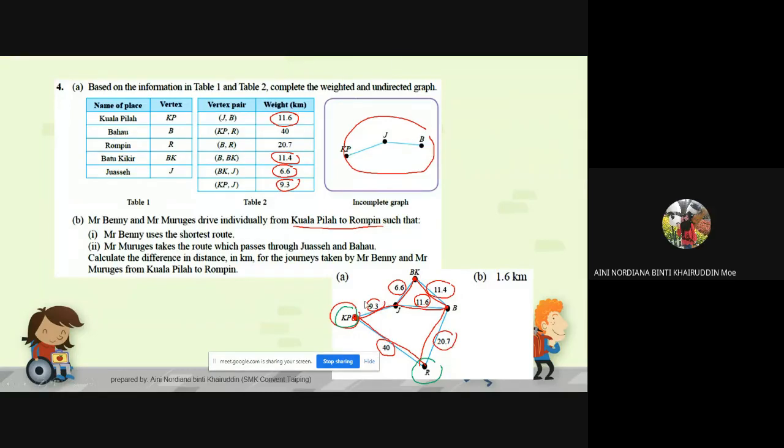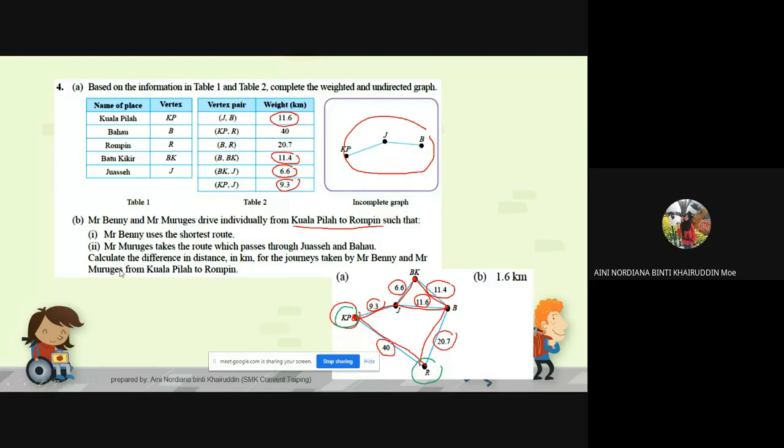So the shortest route is the direct one from Kuala Pilah to Rompin, which is only 40 kilometer, rather than the route from Kuala Pilah to Juasseh, Juasseh to Bahau, and Bahau to Rompin, which is 41.6.